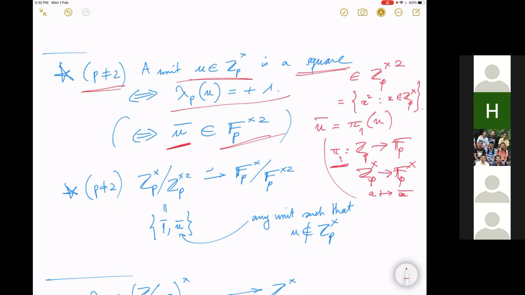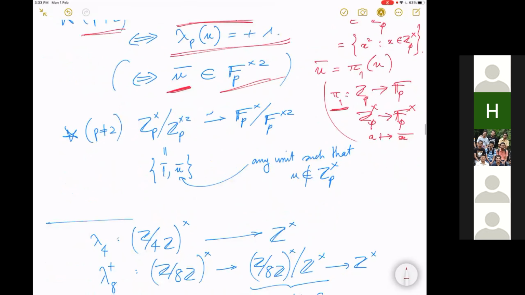So let's come back to the statement. A unit u is a square if and only if lambda p of that u is equal to +1. And by the definition of lambda p, that's the same as saying that u bar is a square in FP star.